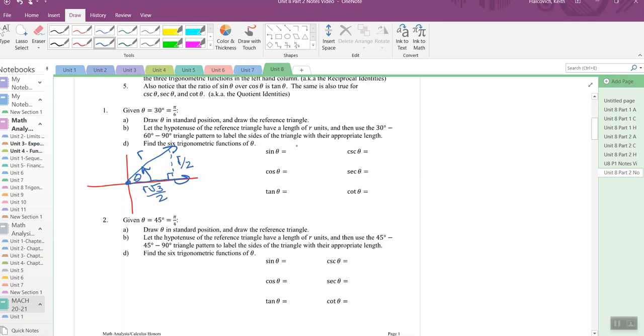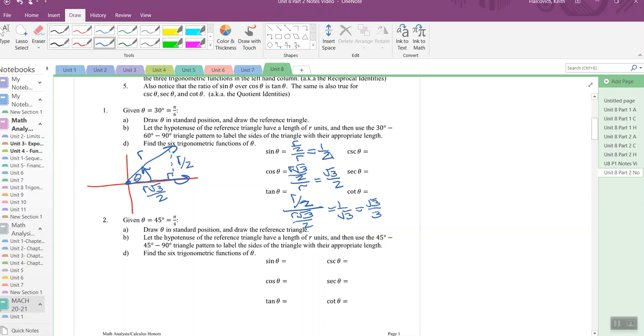So when you do the sine and you do opposite over hypotenuse, you're going to get 1/2. When you do the cosine and you do r rad 3 over 2 over r, you're going to get rad 3 over 2. Tangent, when you do r over 2 divided by r rad 3 over 2, you're going to get 1 over rad 3, which rationalizes to rad 3 over 3.